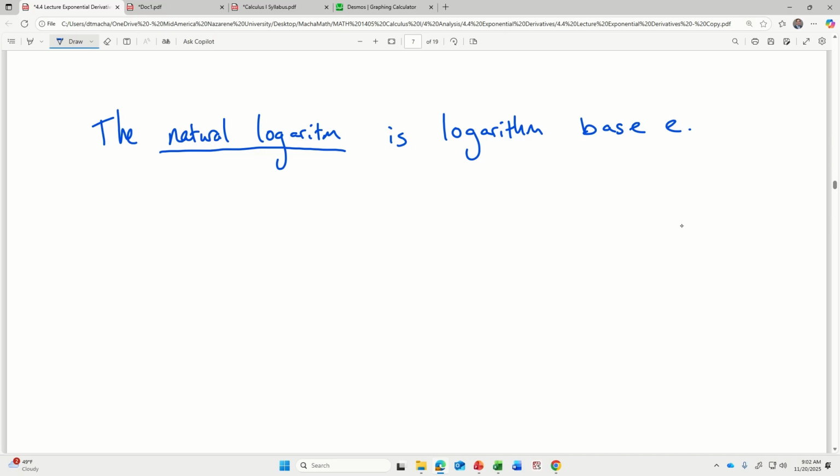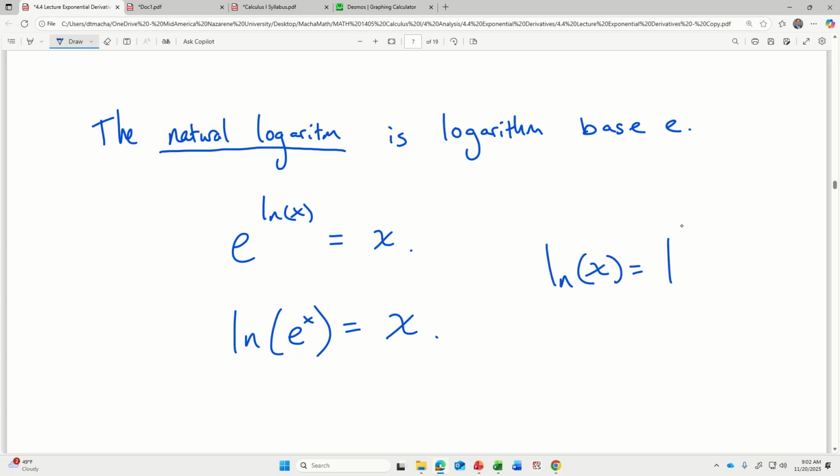In other words, the natural logarithm is defined as the inverse of the exponent base e. So if I take natural log of e to the x, that gives me x. And if I really wanted to, I could call it the logarithm base e of x. That's what we call the natural logarithm.